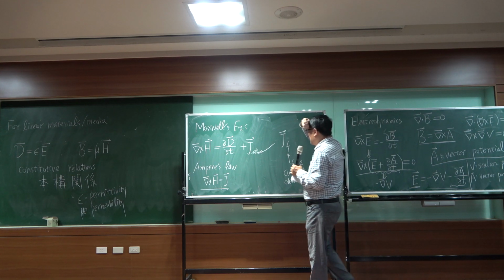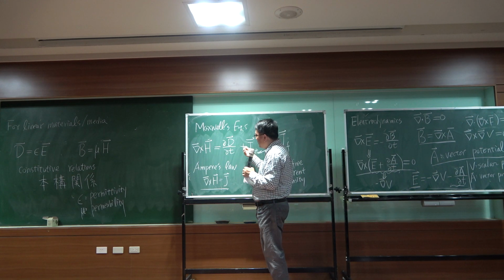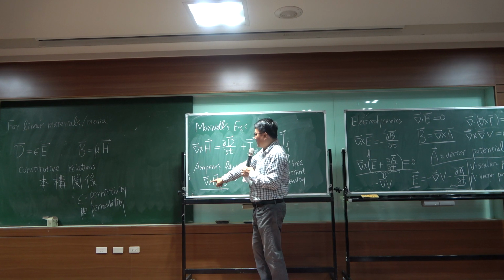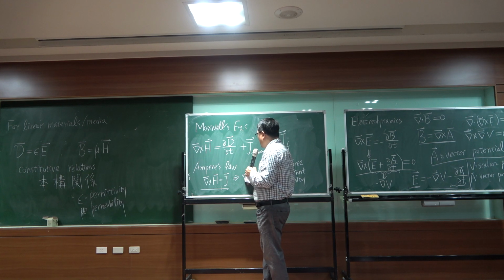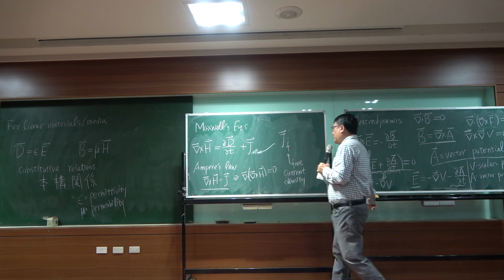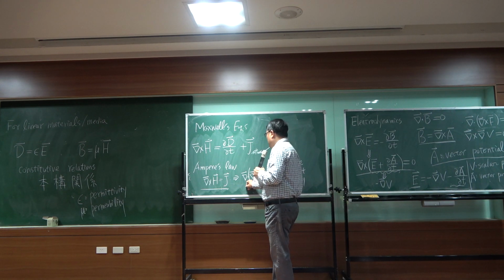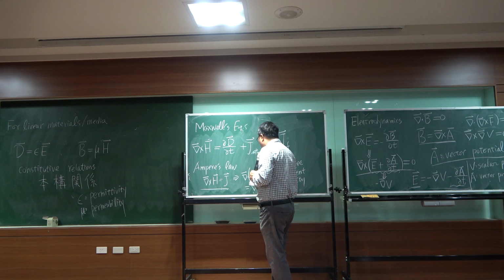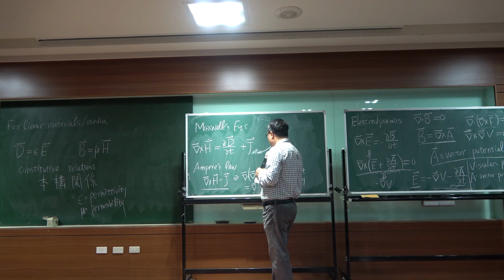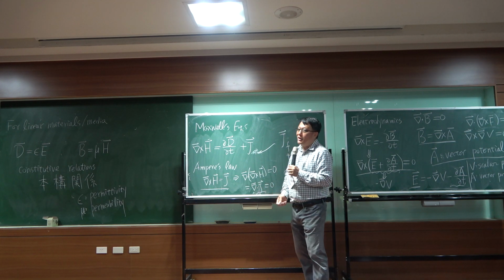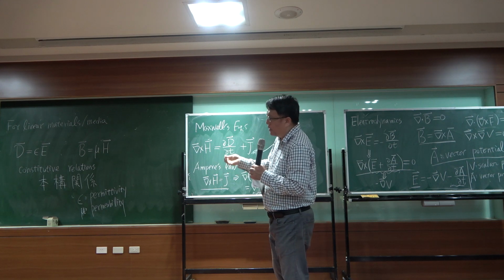A wrong consequence from this is, if we take the divergence of both sides of the equation, divergence curl H, according to engineering mathematics, we know this is equal to 0. So this implies that the divergence J is equal to 0. However, this consequence can only apply to static current.